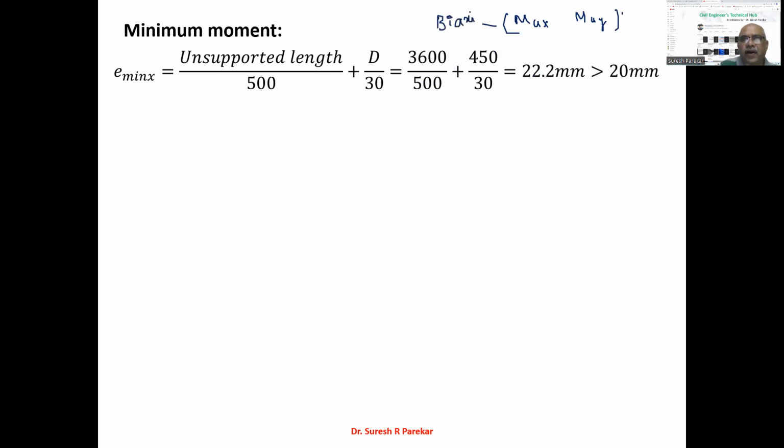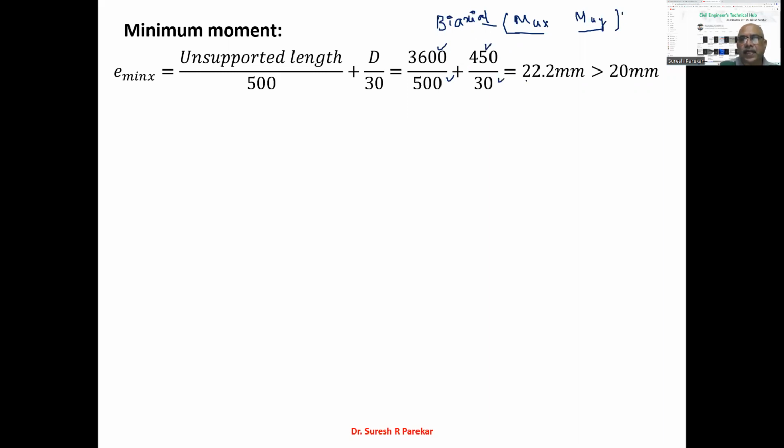We will go for biaxial moment. So you can use, but value of MUY, MUX given, and whatever we are doing for any one, you can use it by uniaxial.